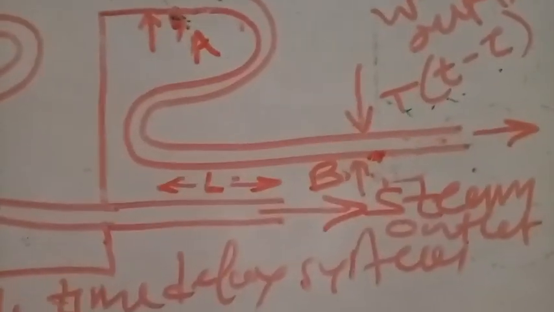Examples of variables affecting the temperature of the water outlet are inlet steam temperature, inlet water temperature, and water flow rate.